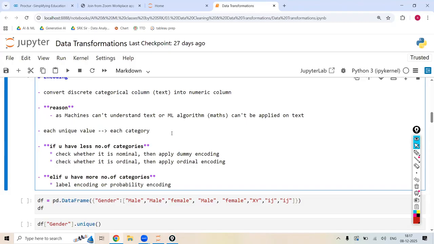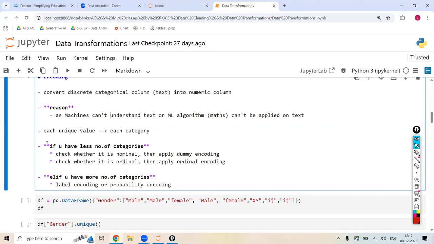What is maths? Maths means plus, minus, division, these arithmetic operators, which cannot be applied on the text data. We have to calculate the mean or median or something, and in that case we cannot calculate on the text data. Converting this categorical column into a numerical column is called encoding. And it is one of the most important.